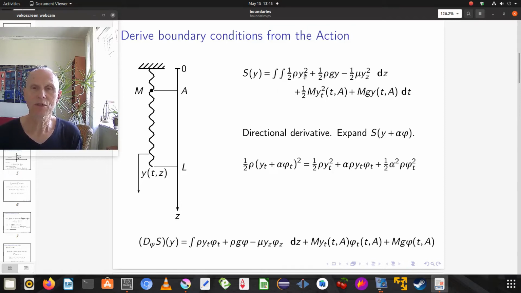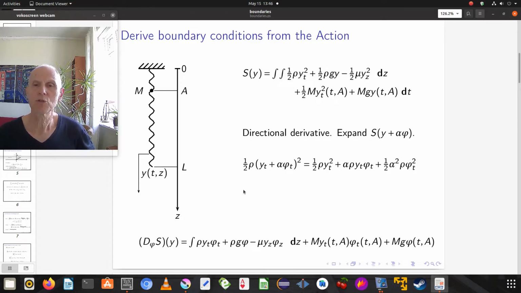The first term we have here, it just gives this, of course. And then we differentiate with respect to alpha, vanishes, gives this, and gives alpha rho phi t squared. Then we set alpha to 0, meaning we only get this term.